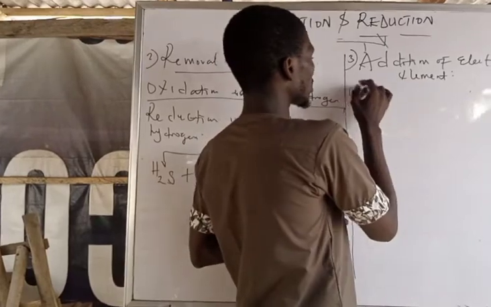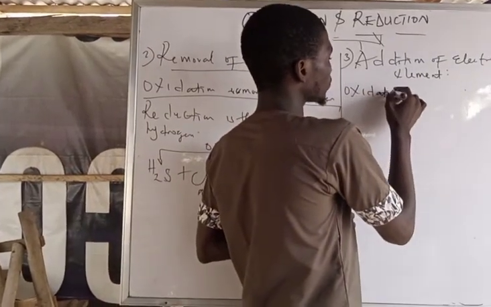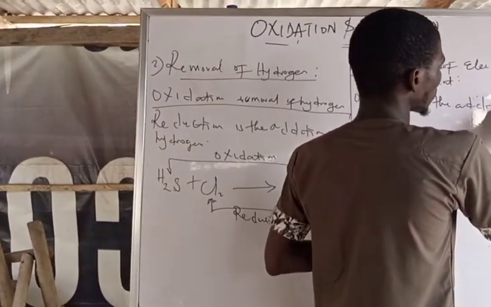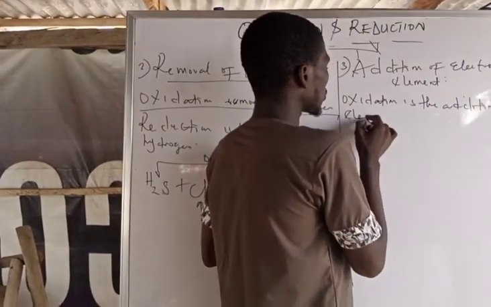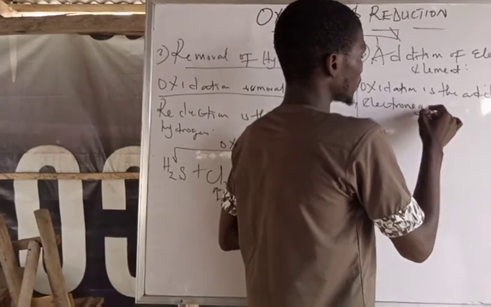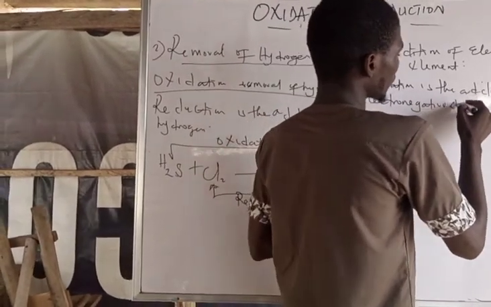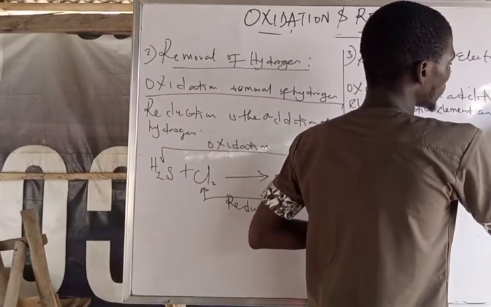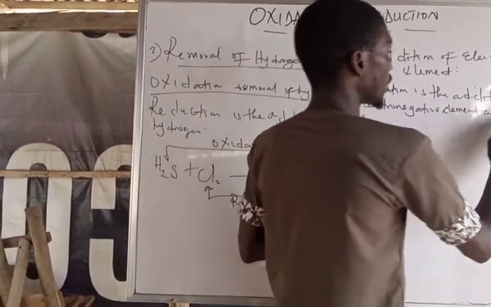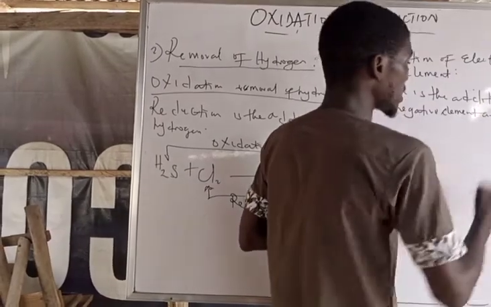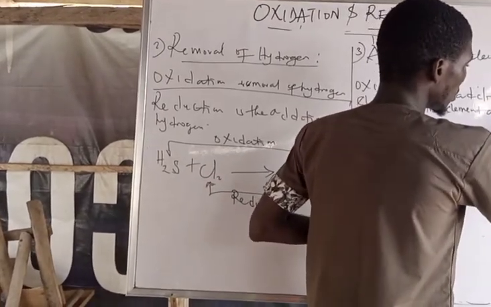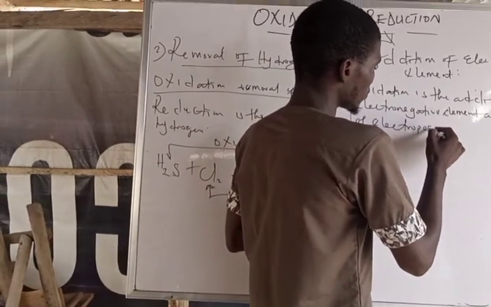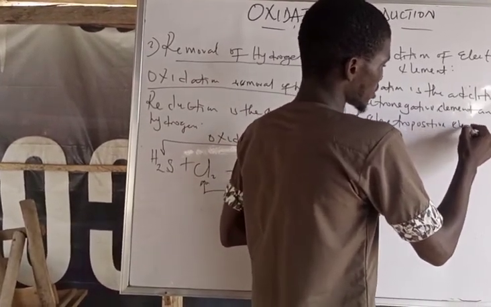So I can say oxidation is the addition of electronegative elements and removal of electropositive elements.